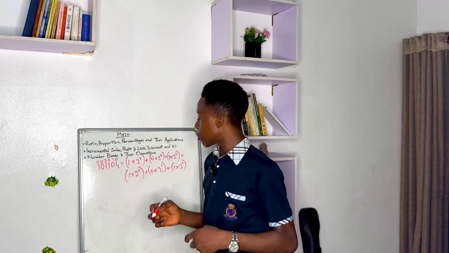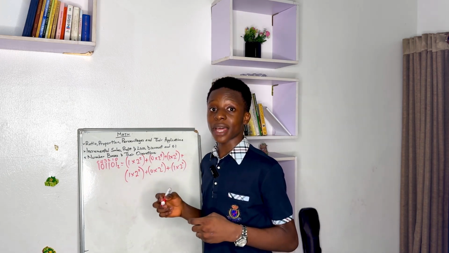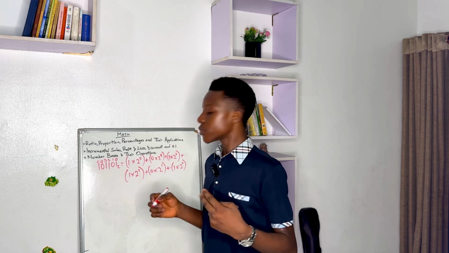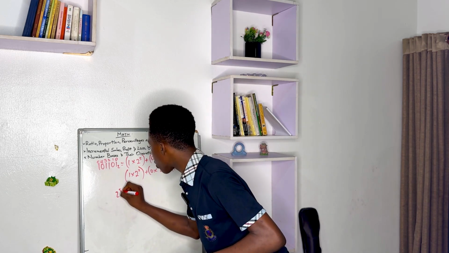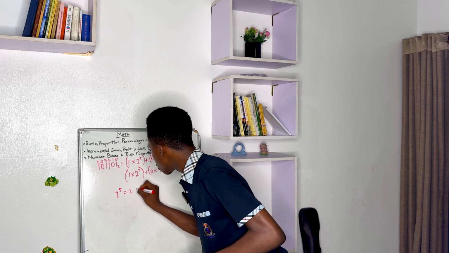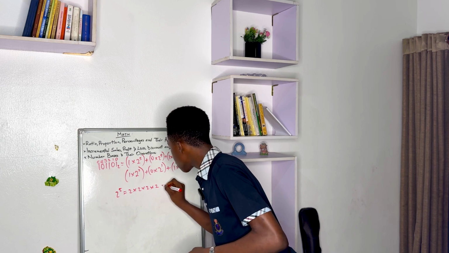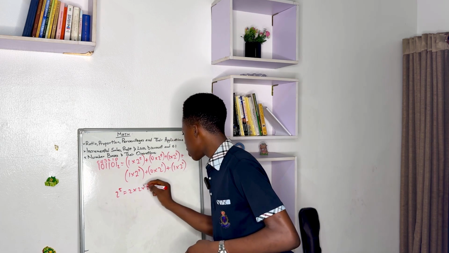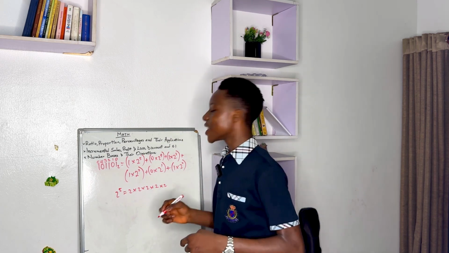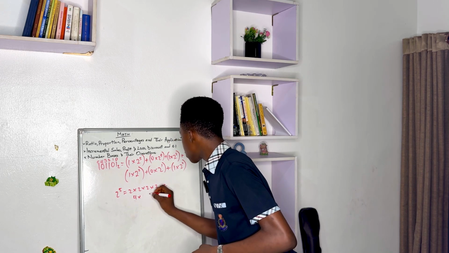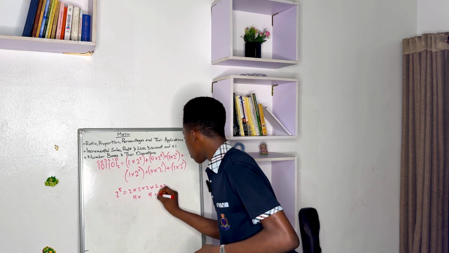2 raised to the power of 5 is 2 multiplying itself 5 times. Let me write that down. 2 raised to the power of 5 is equal to 2 times 2 times 2 times 2 times 2. 2 times 2 is 4, and then 2 times 2 is 4, and then multiply by 2.